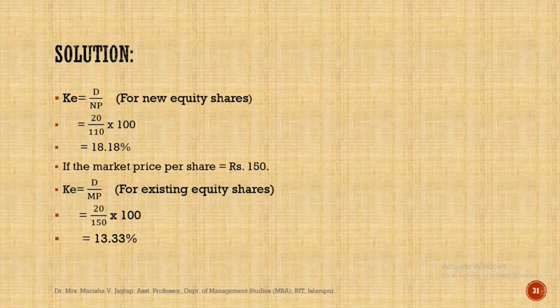So for existing equity share, the cost of equity is less, that is 13.33%, while for new equity share, the cost of equity is 18.18%. So in this way, one can calculate the cost of equity by using the dividend yield approach.